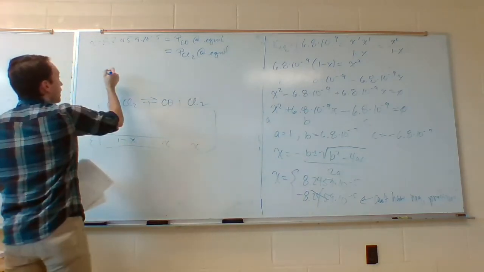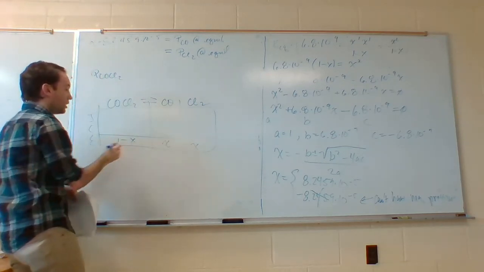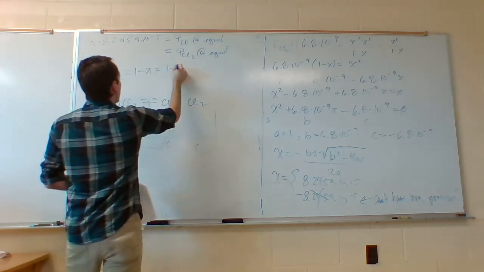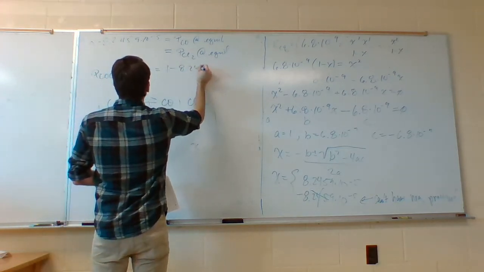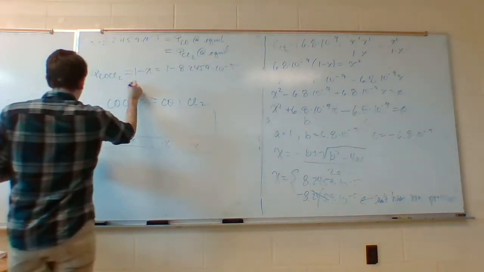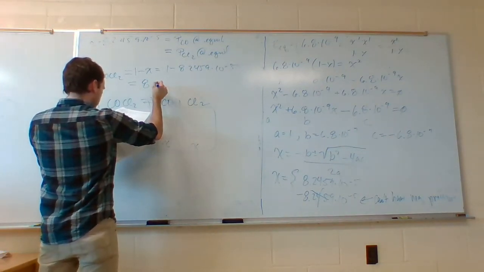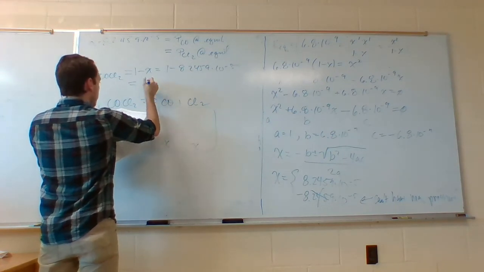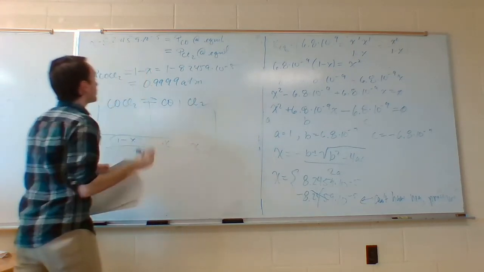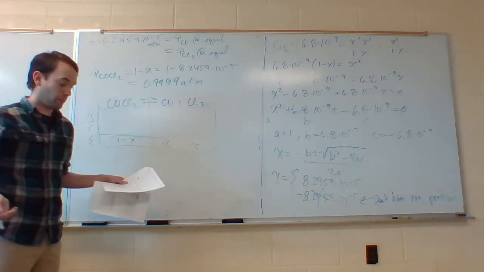And then if we want to get our partial pressure of COCl2, notice that that is 1 minus x. So we take 1 minus x, which is equal to 1 minus 8.2459 times 10 to the negative fifth, which gives us a partial pressure of 0.9999 atmospheres. Now that means that we were able to get all of our partial pressures.